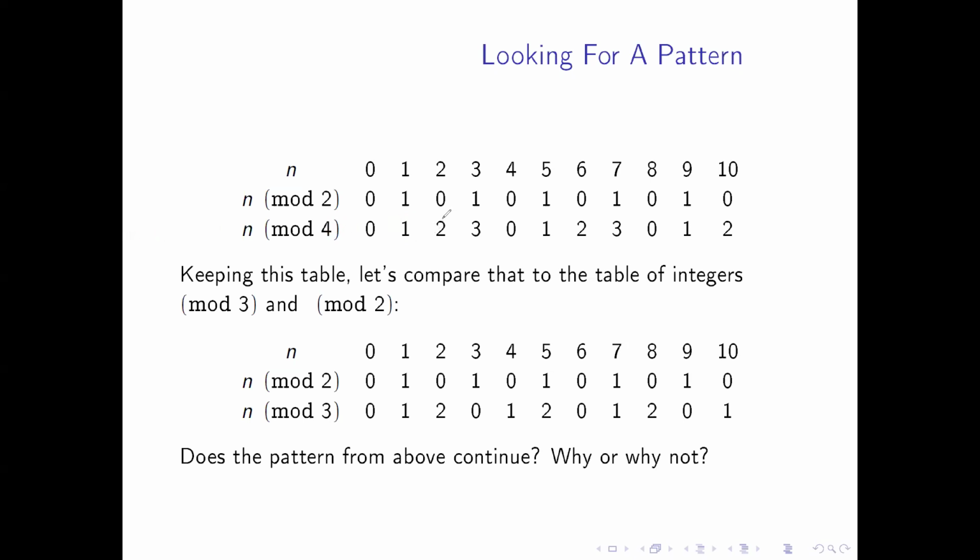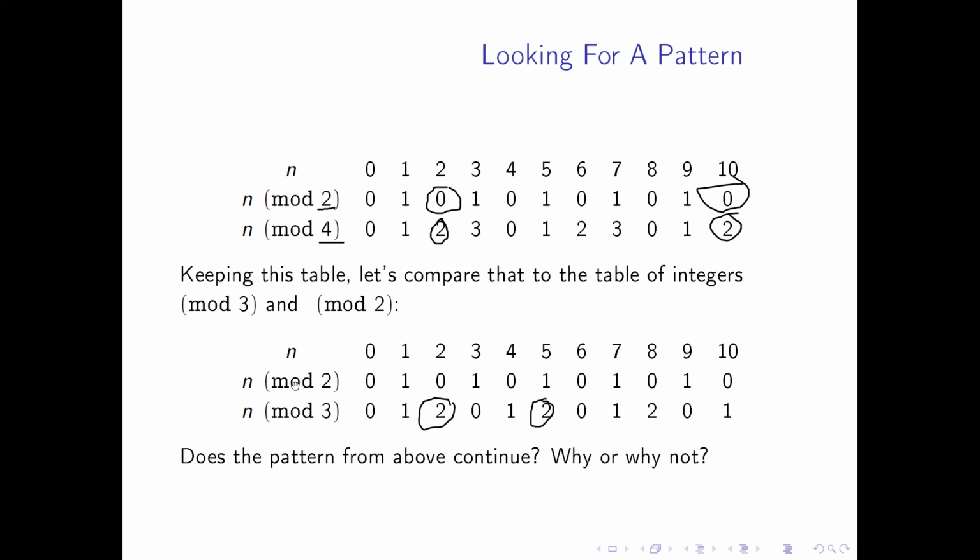Let's just take 2 and 10. Since 2 divides 4, they both have the same remainder mod 2, namely 0. Come down here. This is mod 2.